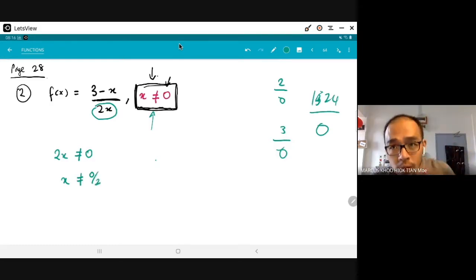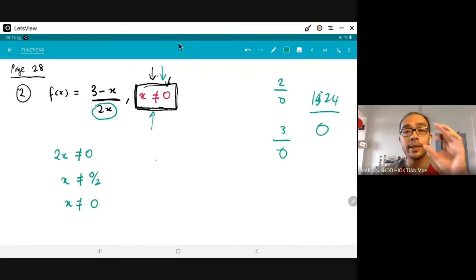Yang per kosong itu yang ada masalah. Bahagi kosong ada masalah, kosong bahagi tiada masalah. 0 divided by 2, dia tetap kamu akan dapat 0. So this is a very important thing. We need to know how to write this, supaya kamu tahu apa nilai x yang tidak boleh dimasukkan.